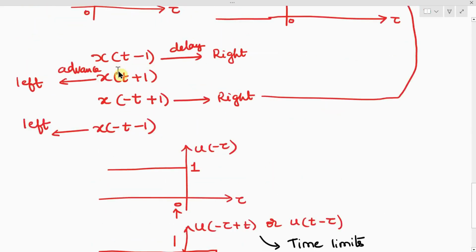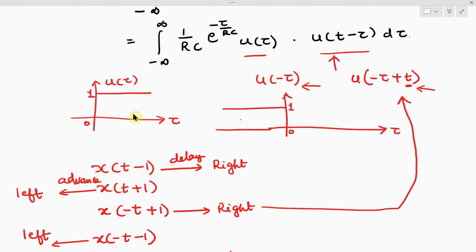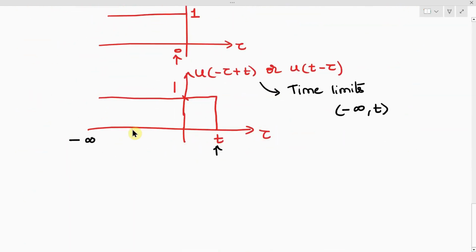Now, going back, what will be the limits for this u of tau? 0 to infinity. Nice. So time limits will be from 0 to infinity. Why I am talking all this is because the limits of this integral should be properly defined based on these two functions. For u of tau, the limits are 0 to infinity. For u of t minus tau, the limits are minus infinity to t.